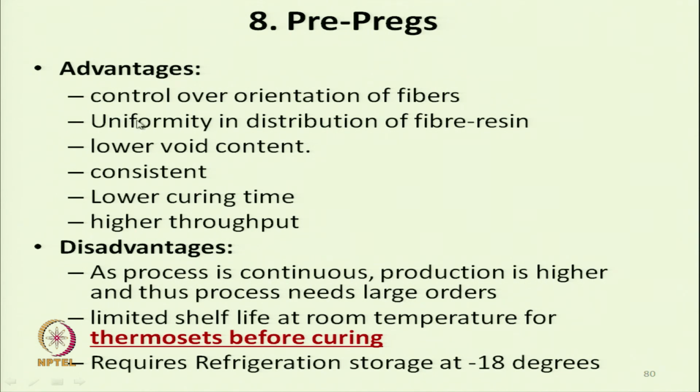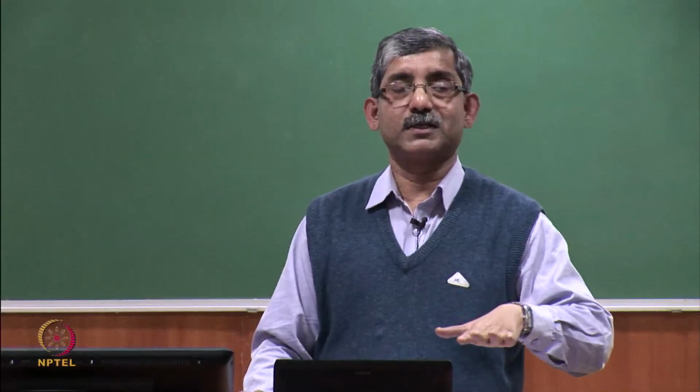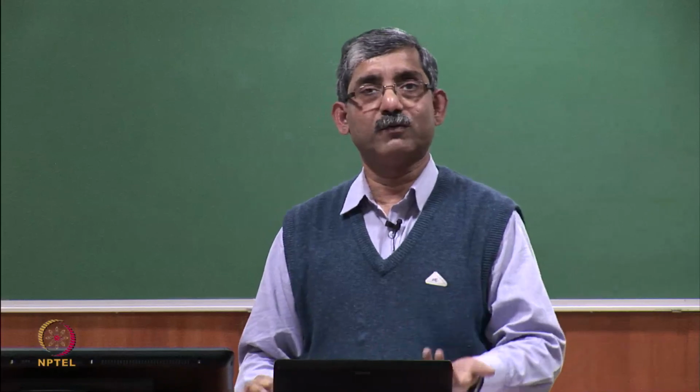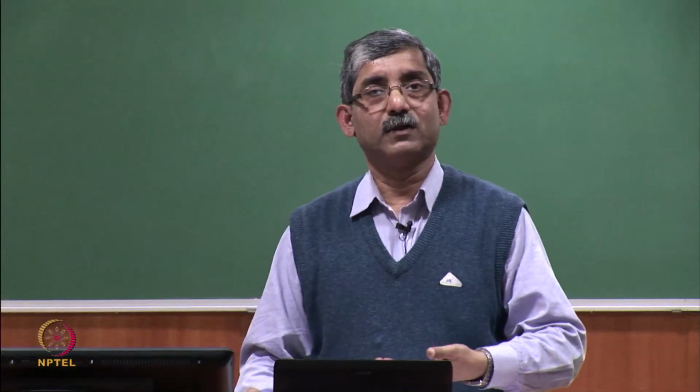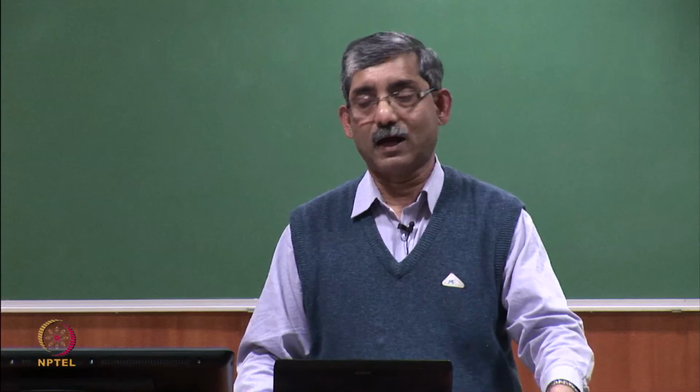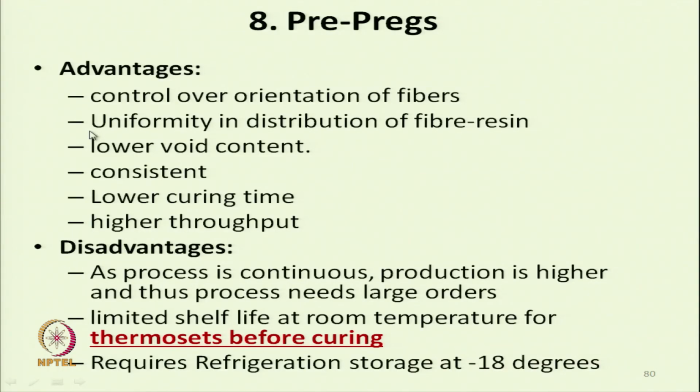So, here control over orientation of fibers is there, which is very important. We can use filament, so continuous filament sheet, we can use woven fabric, we can use non-woven fabric as the reinforcing material.